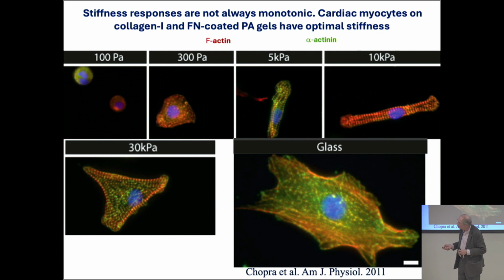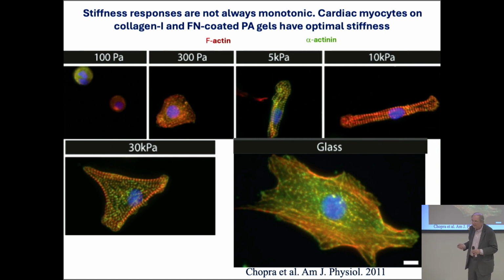And in the other extreme, if you put the cells on surfaces that are abnormally stiff, like glass, for example, they make these beautiful cells, and they're nice to study, but they don't have the function of a normal muscle cell.